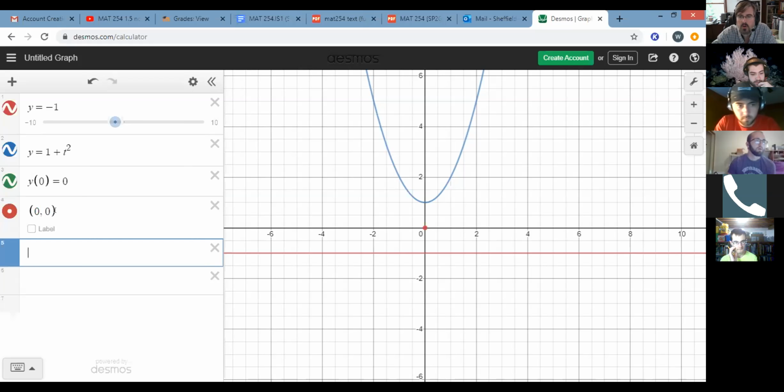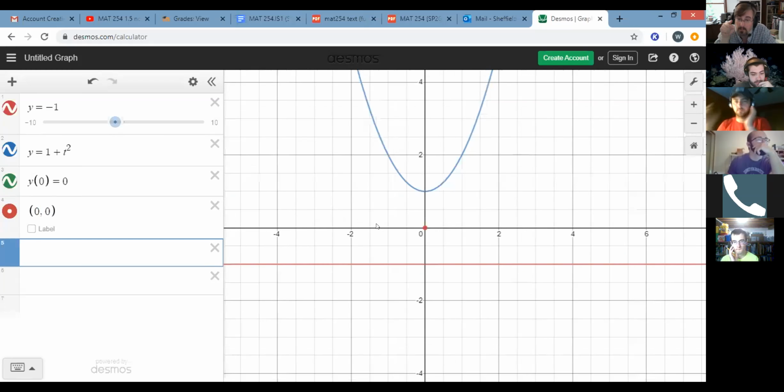So all we can say about the solution curve is that there's a solution that passes through that point. It's guaranteed to be unique. And what else do we know for certain about where it can go and where it can't go? So it can be either above the line y equals -1, or it can be below the parabola y equals 1 plus t squared.